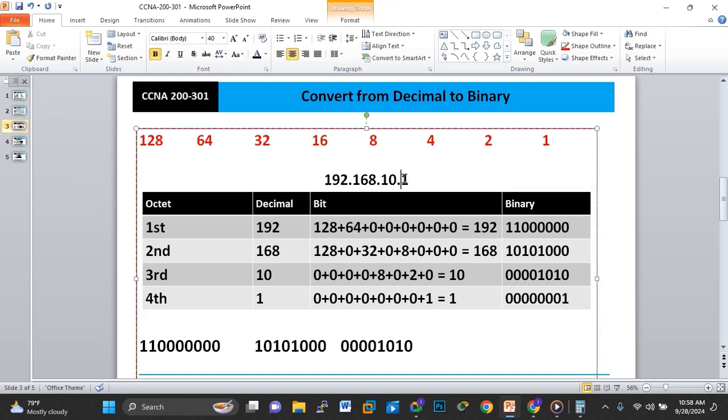Now for our 4th octet, which is 1, what happens? We check the octet. This is 1. Take note, though this is 1, this one still represents 8 bits, because it is an octet, from here to here. If we want to convert this to a binomial, we say 128 is over 1.